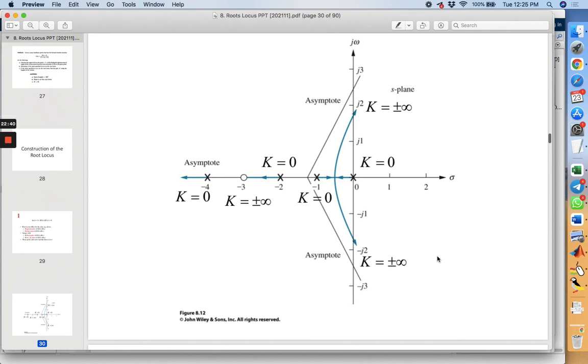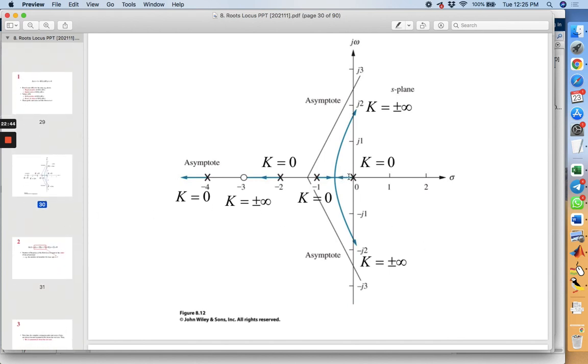All right. Say this example we have here, 1, 2, 3, 4. We have 4 poles, meaning that we have 4 beginnings at poles and we need to have 4 endings, of which one is at a zero and the other 3 are at infinity.